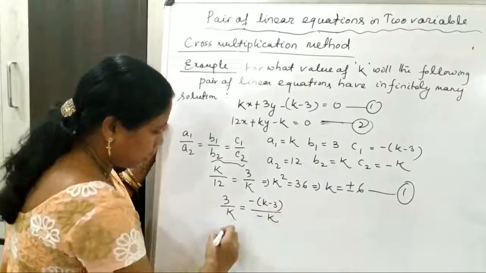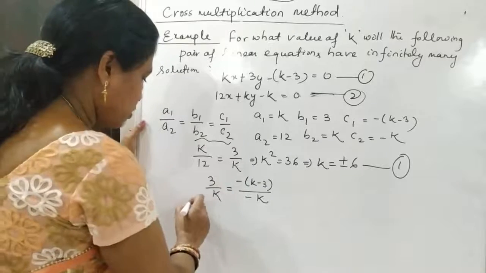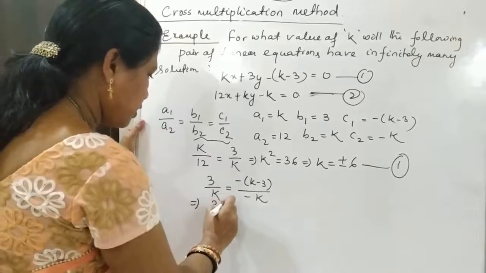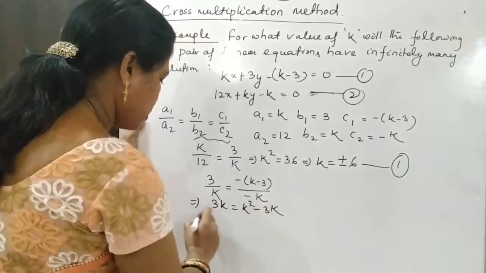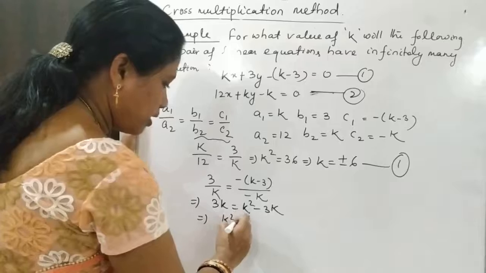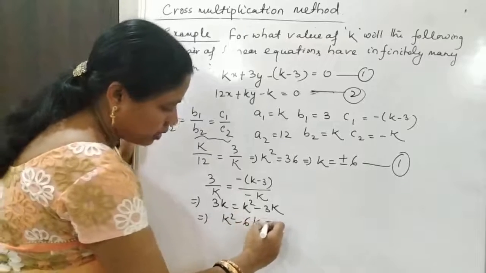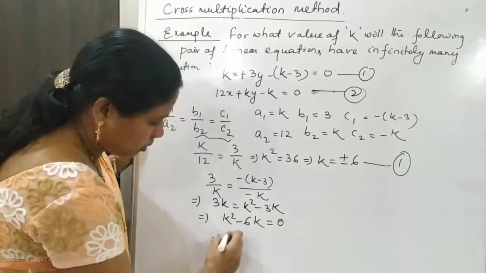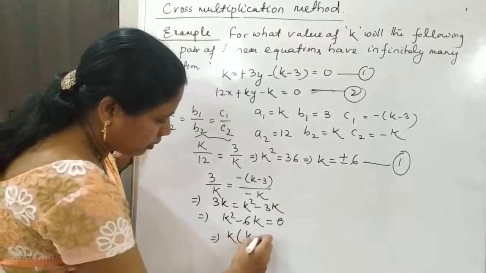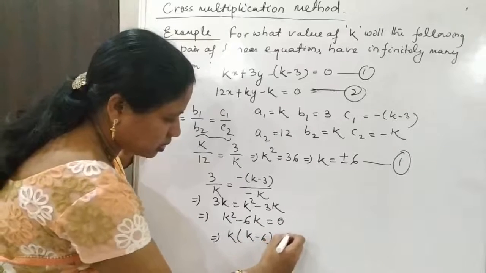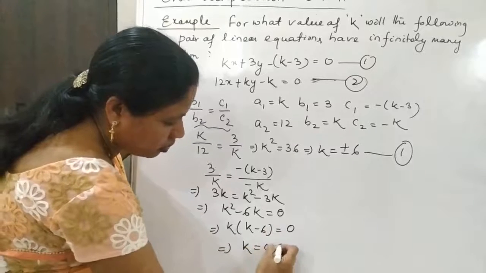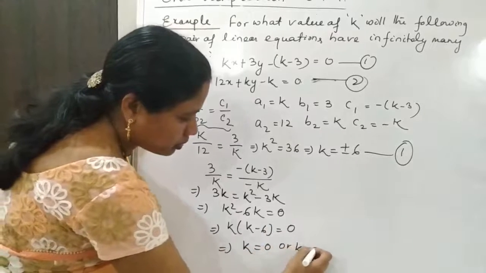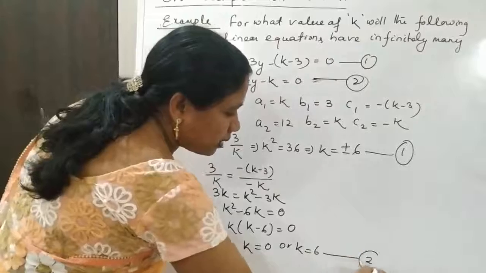So this implies 3k is equal to k square minus 3k. So k square minus 6k is equal to 0, or k multiplied with k minus 6 is equal to 0. So k is equal to 0 or k is equal to 6. So this is our finding 2.